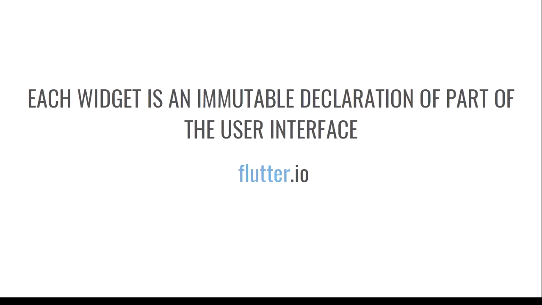But now I will tell you that all those widgets form another big widget. This introduces a new concept called the widget tree, because widgets are composable in Flutter. You can create one widget using other widgets. But we'll talk about this later. Let's focus on just what a widget is.